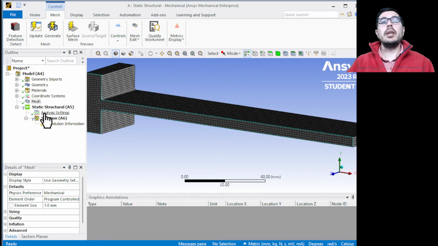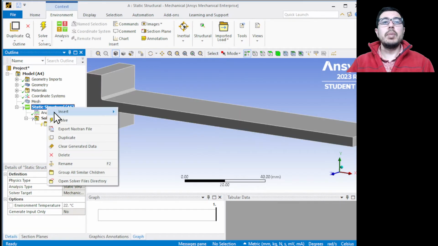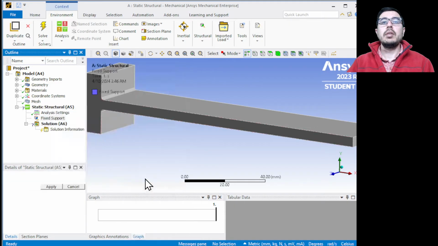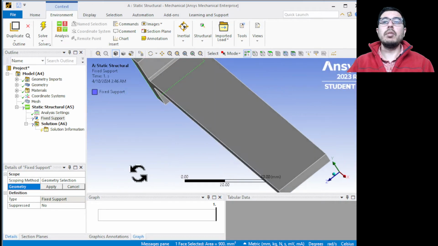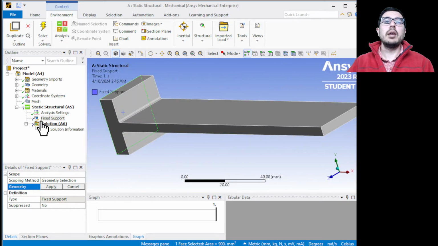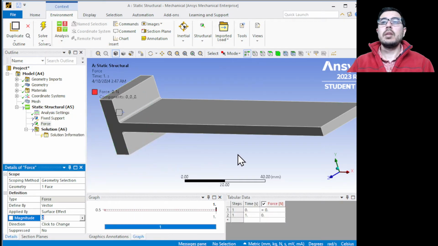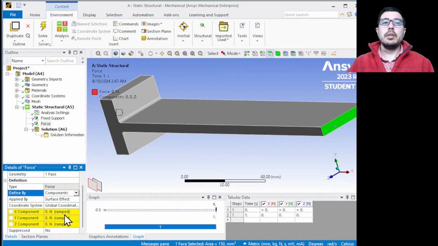Let's go ahead and add a fixed boundary on this end right here, and we'll go ahead and add a force on the right end. And it doesn't really matter if we do it up or down, but let's do it down.